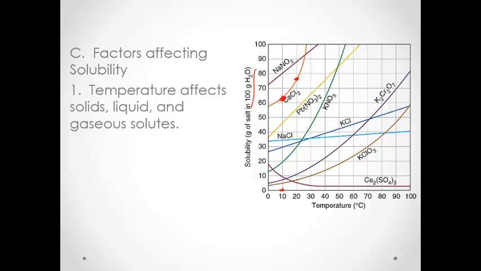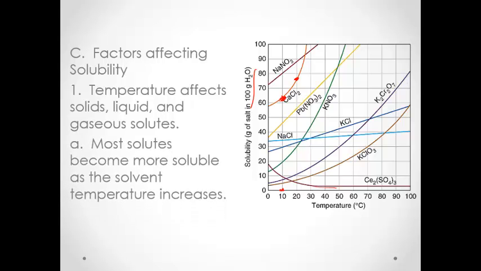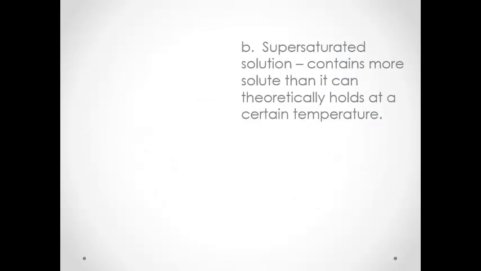So in most of these that is true. There are a few cases though where the temperature actually causes you to be able to do less. But in most of them you see that the curve goes up. So most solutes, like I mentioned, will become more soluble if the temperature increases. Again, not for every single one, but for most cases.